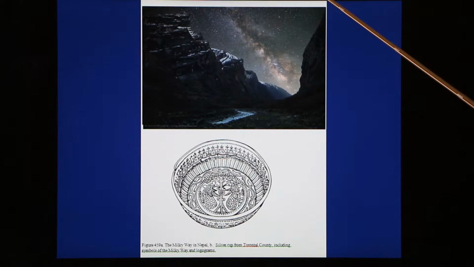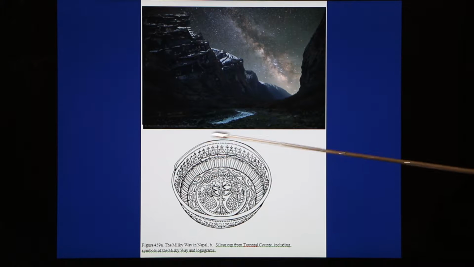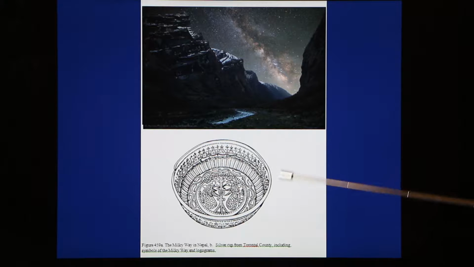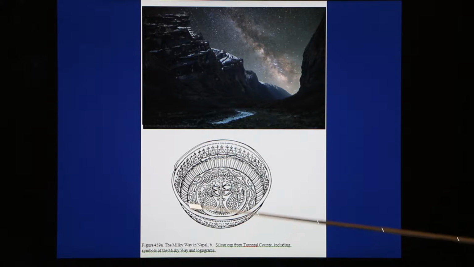Key to this story is the Milky Way, which we find coming up in cultural artifacts in the most unexpected ways. Here you find the Milky Way expressed in an early bowl of Hungarian culture. But it's when we go to the creation stories that we find even more remarkable things.